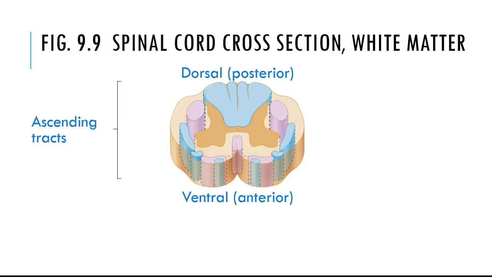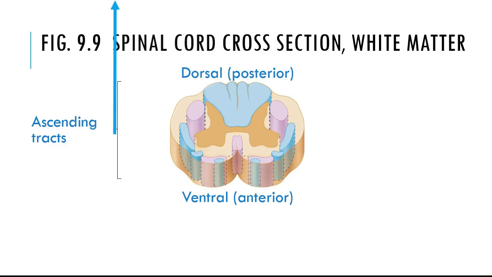What does that mean, ascending? Up. Okay, so nerve axons would originate somewhere more distal. We've got little axon terminals down there, and they would ascend up and approach toward the brainstem or the thalamus or somewhere more towards the brain itself. So they can convey ascending information up towards the brain.